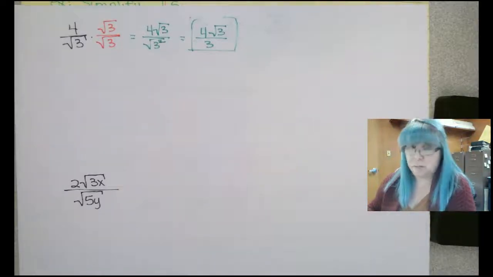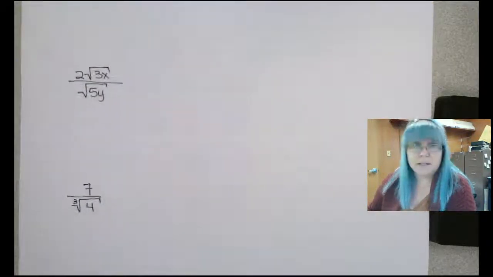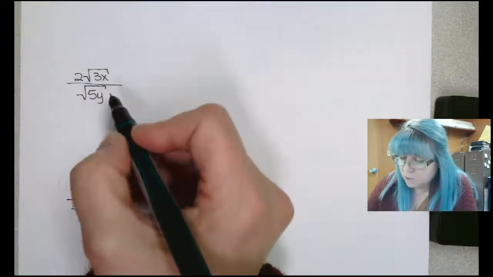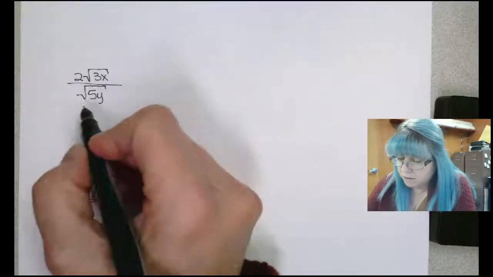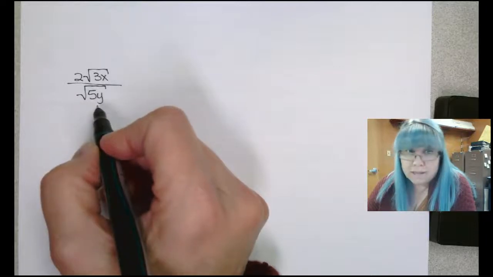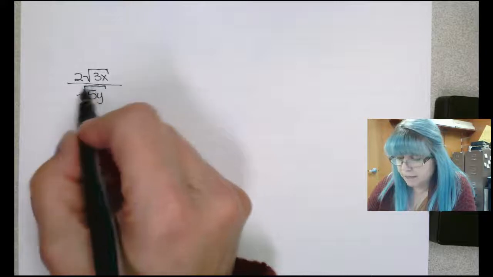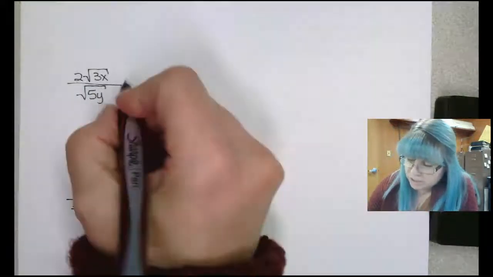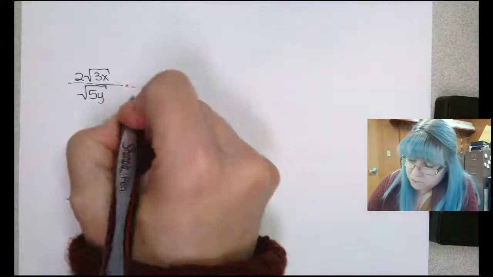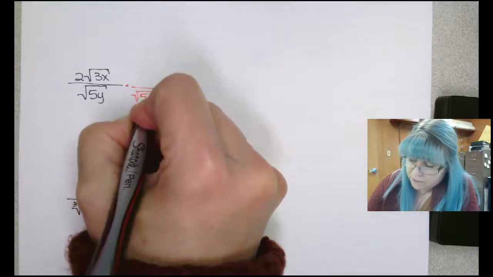Let's try another one, a little bit more complex. 3 times square root of 3x all over the square root of 5y. 5 is not a perfect square, nor is the y, so I can't simplify it. So what I'm going to do is multiply both top and bottom by the square root of 5y.